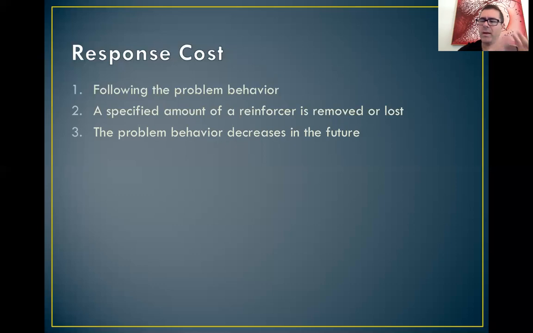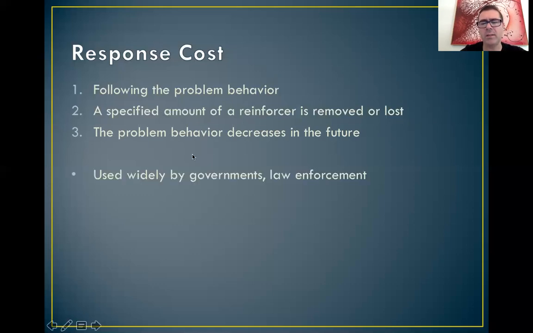So you have some reinforcing stimulation, and that gets taken away either by removing the individual from the reinforcing stimulation, or removing the reinforcing stimulus from the individual. Both procedures work similarly, and they produce a decrease in the future likelihood of behavior.